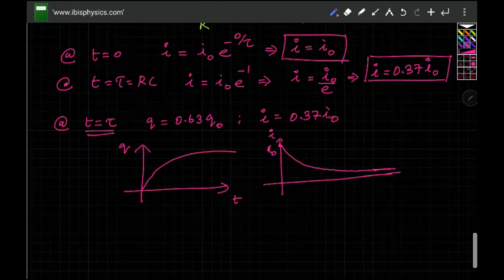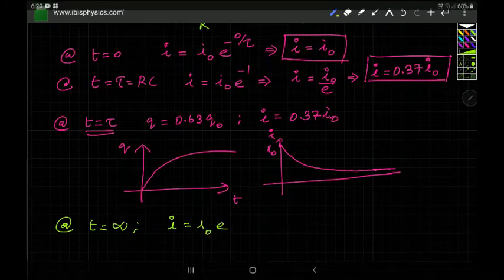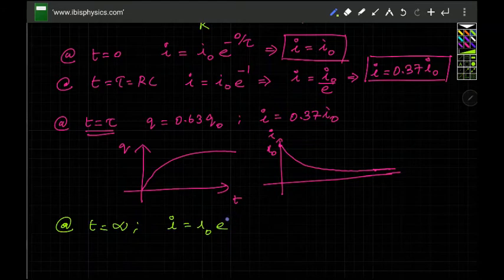Then we need to find out what the current is at t equal to infinity. When t is equal to infinity, current I is equal to I naught e power minus t by tau, so I is I naught into e power minus infinity, and e power minus infinity, which is 1 by infinity, is 0.